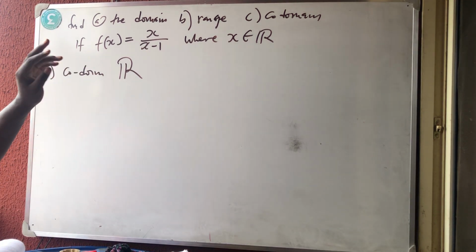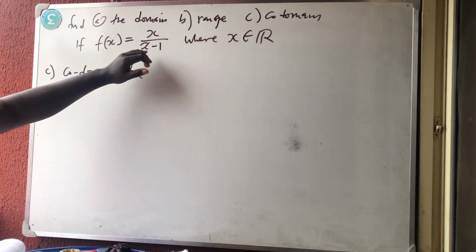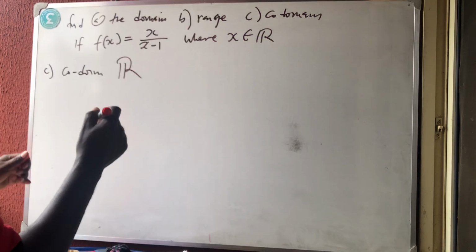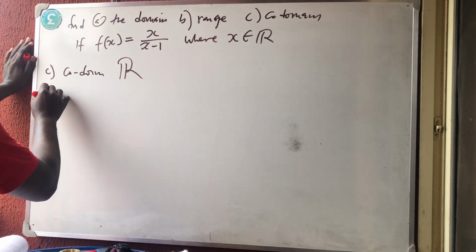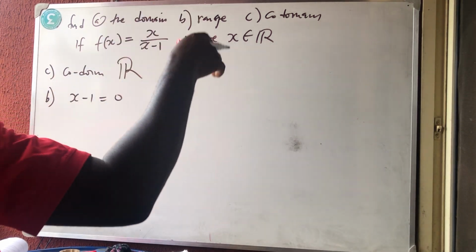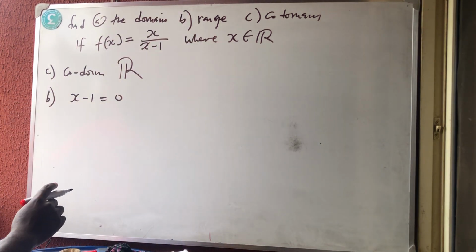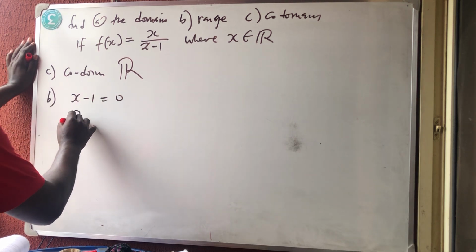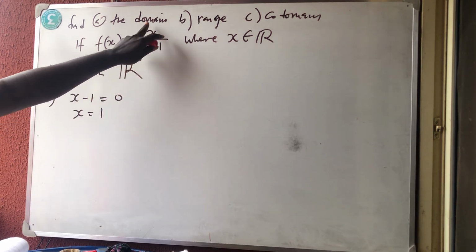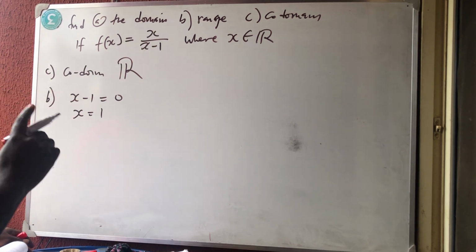In this type of set, finding the domain is simply equating the denominator to 0. So x minus 1 is equal to 0, because they don't give us where we are working from. So x is equal to 1. If you put 1 in the denominator here, it's going to make this thing undefined. So 1 is the only problem.